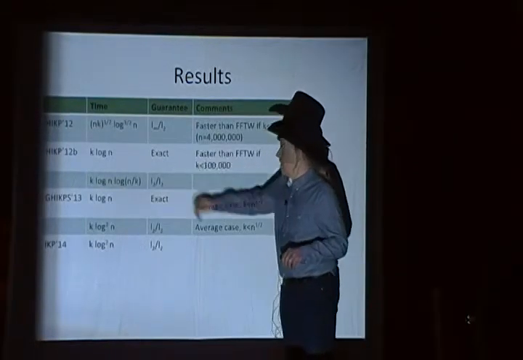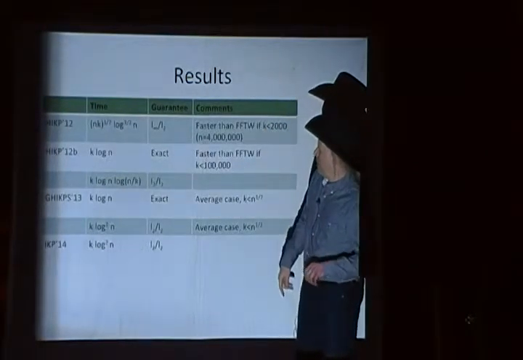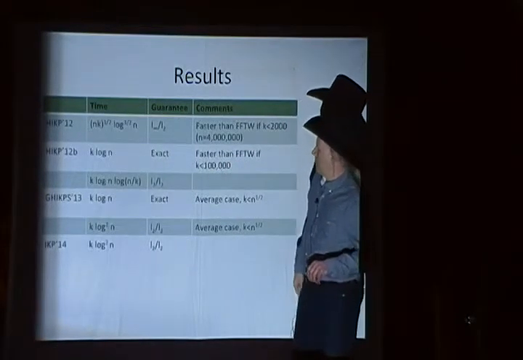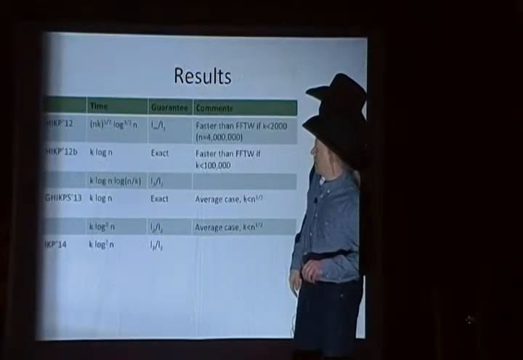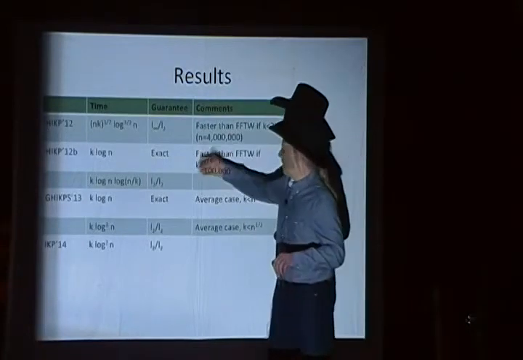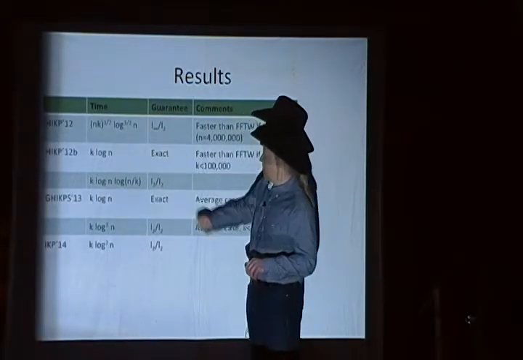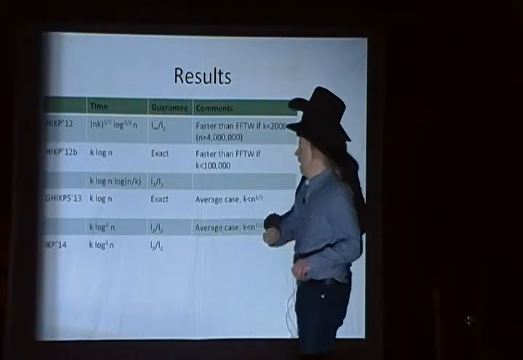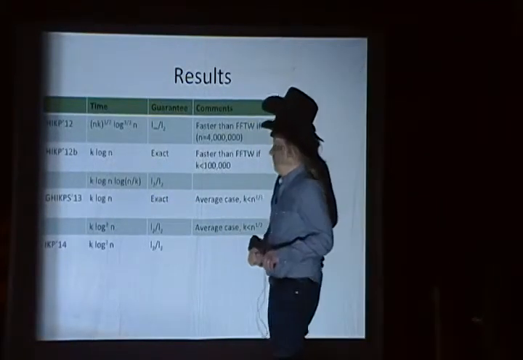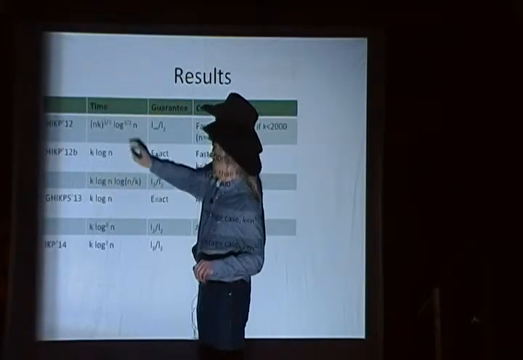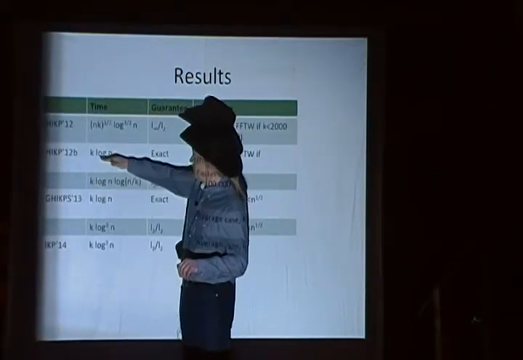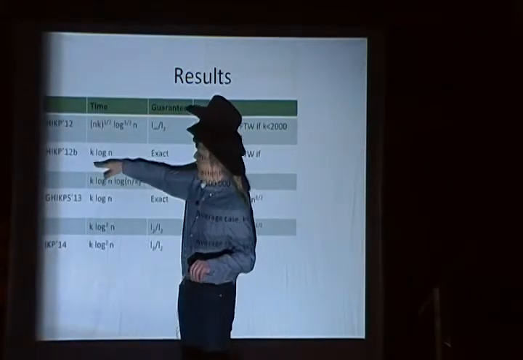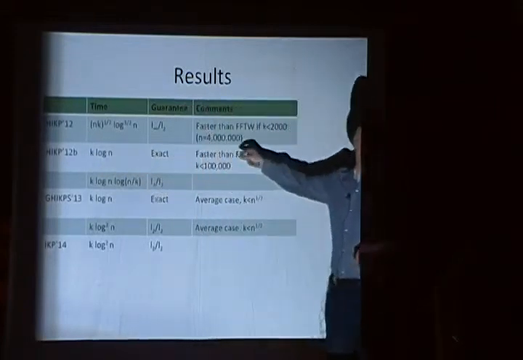Soon after that, we developed two types of algorithms, one for exact sparsity and one for approximate sparsity with the L2 guarantee. These algorithms were even faster than this one. In particular, the algorithm for exact sparsity runs in time k times log n.